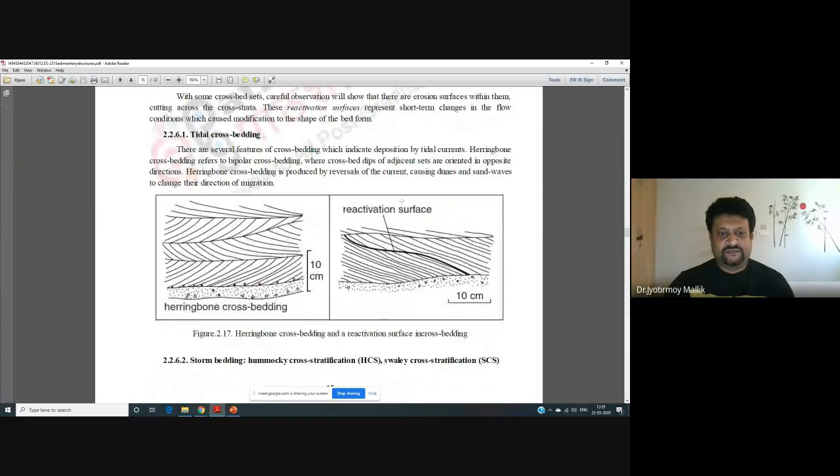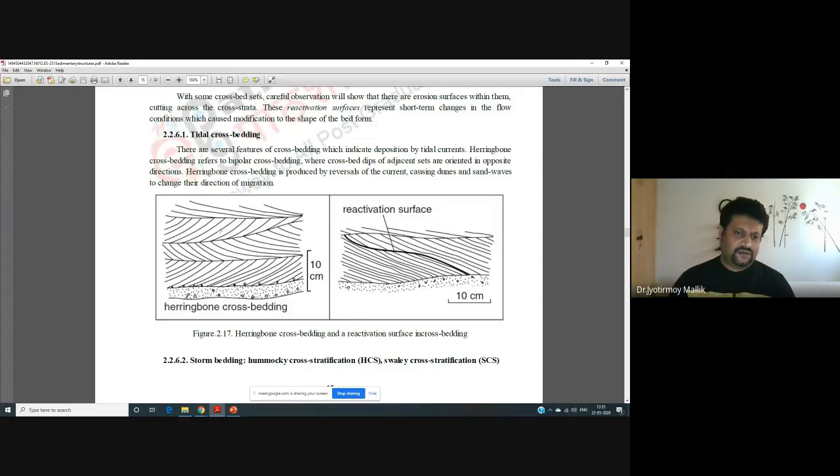Of course there is something called herringbone cross stratification. You have bidirectional currents in consecutive sets of cross bedding, and that actually refers to a tidal environment. I hope these things have been shown to you in your basic field trip. I'm not too sure. Generally, it should be shown.